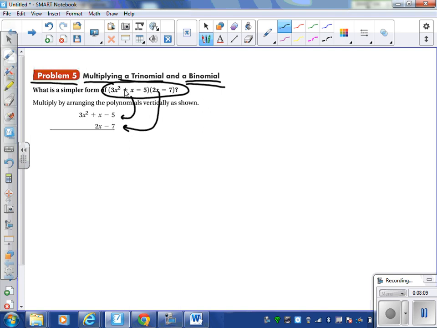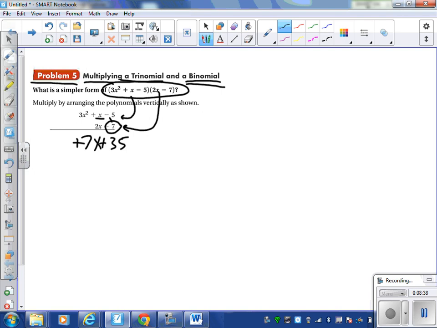So just like we usually multiply, we're going to take this negative 7 times everything on top. So negative 7 times negative 5. A negative negative is a positive. So that's plus 35. And then we have negative 7 times x, which is 7x.